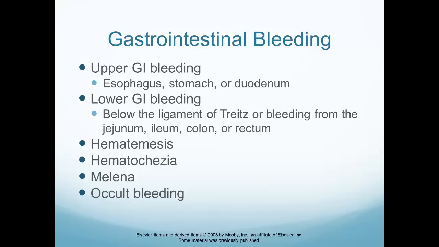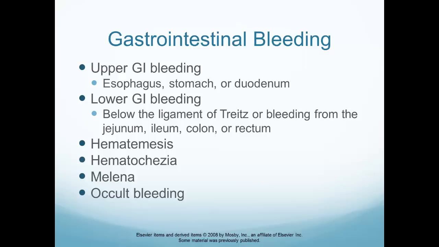But in the lower GI tract, oftentimes we may have time for some of that blood to digest. Let's say that the person with the upper GI bleed, he's got this ulcer in his stomach, doesn't vomit the blood. Instead, the blood goes down through the GI tract. Well, what will happen is as it's going through the GI tract, it's going to be partially digested.